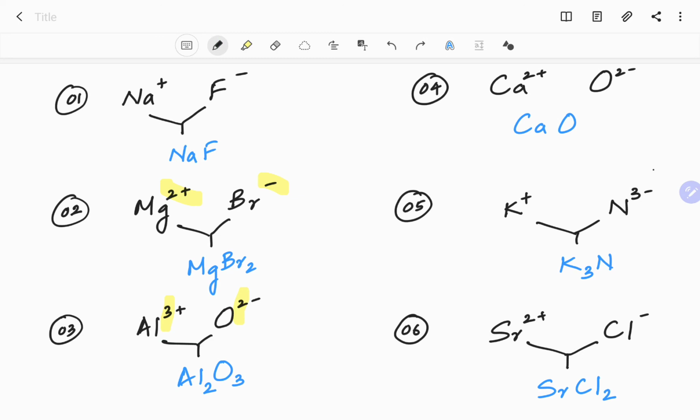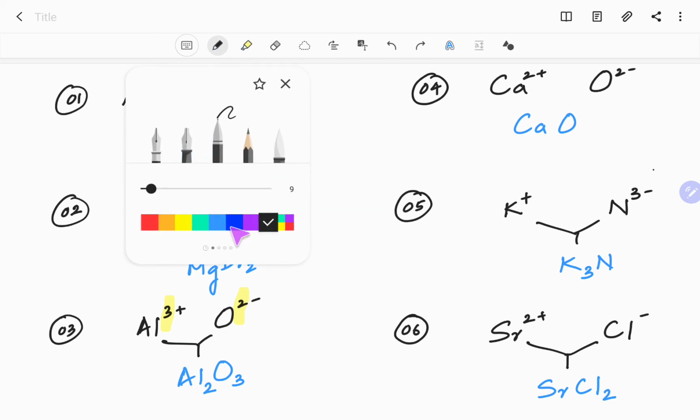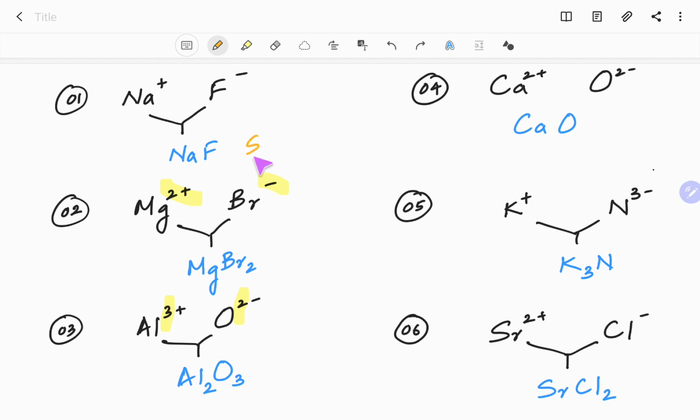Okay, so I'm going to use a different color. So this is sodium fluoride. F minus is fluoride, right? Next up is magnesium bromide.